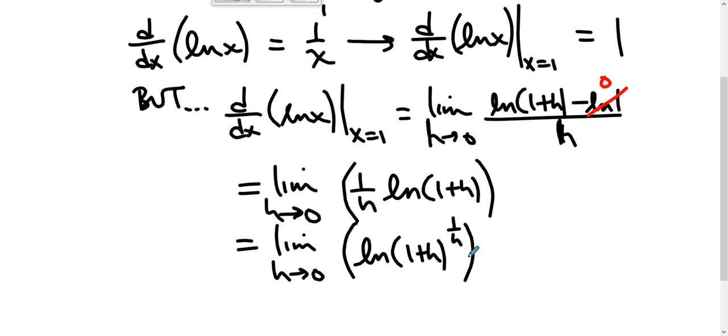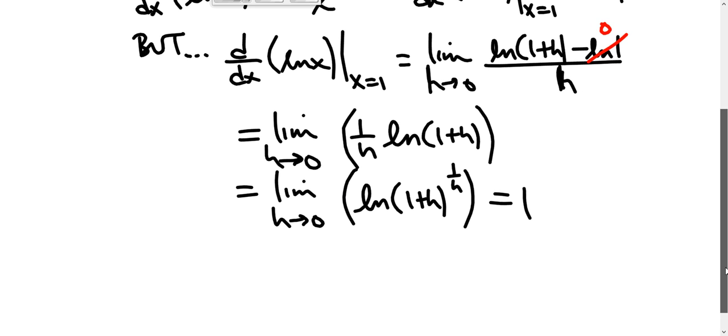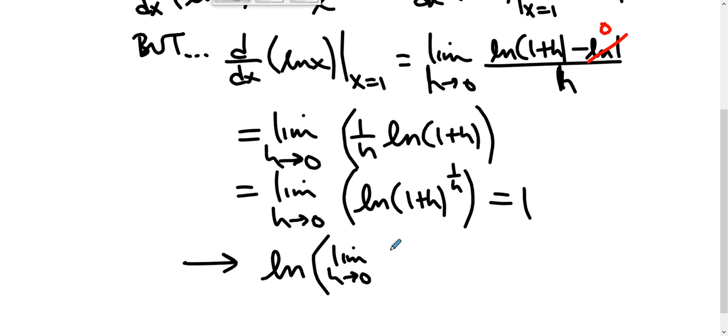And we know that this is 1 because that said so. So if this is true, and if the natural log function is continuous, then this implies that the natural log of the limit as h approaches 0 of 1 plus h to the 1 over h is 1.